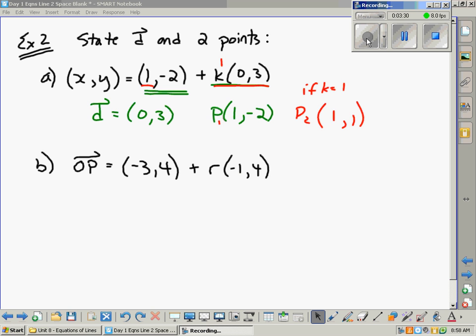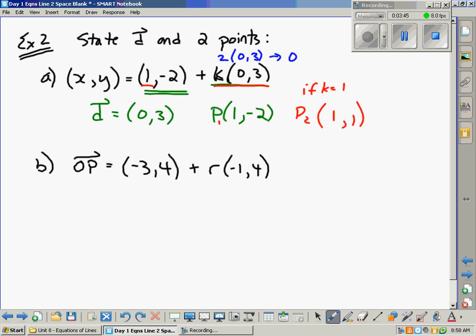So another point could have been found if we let k be 2. So if k was 2 times (0, 3), then we would come out with (0, 6). And now you would do your addition. 1 plus 0, and we get 1 again.